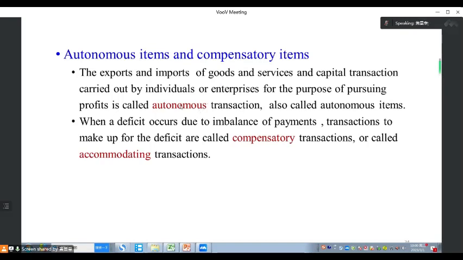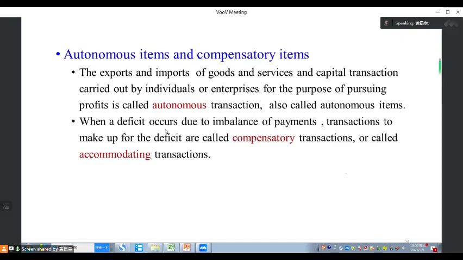We must remember what's the meaning of autonomous transactions, also called autonomous items. Autonomous items, we can also say this definition as current items.